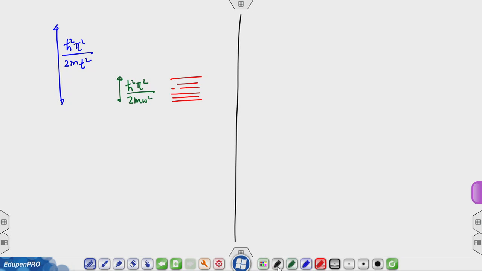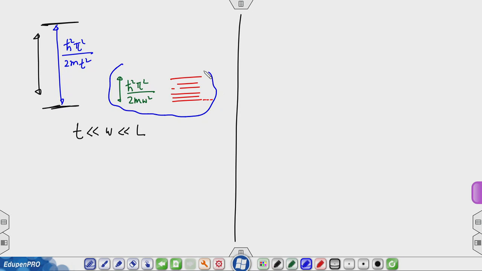So, the minimum energy required to fill the first energy scale was this much, and since we assumed that t was much less than w, which was much less than L, levels started getting filled here, and then they could populate the levels out here, say up to n. With the kind of densities we were dealing with, we could never populate this level.